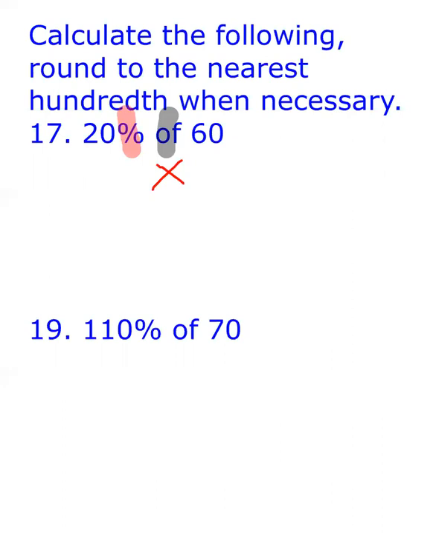So that, what did we say? Get rid of the percent and move our decimal 2 spaces to the left. So we're going to move 2 spaces to the left. So our answer becomes 0.20. Okay? Times 60. And just plug it into our calculator and our answer becomes 12.